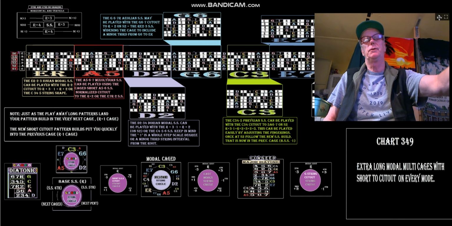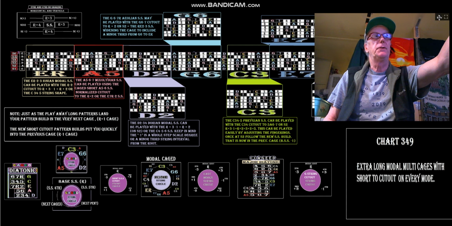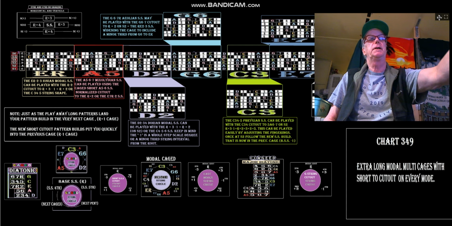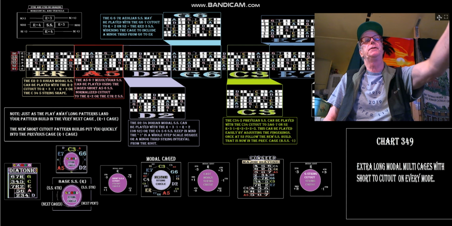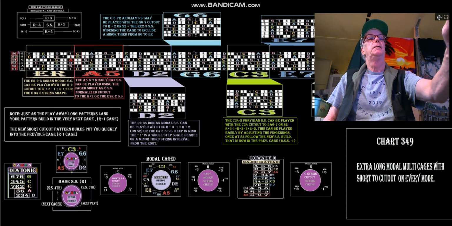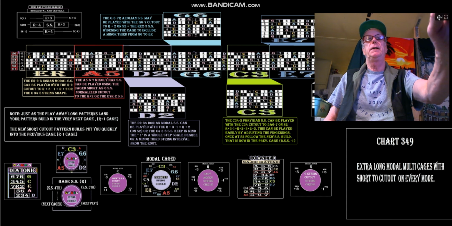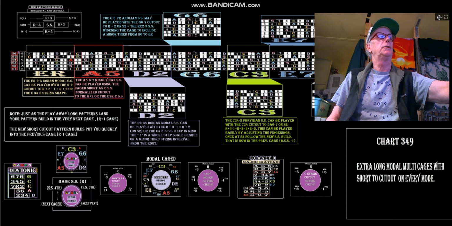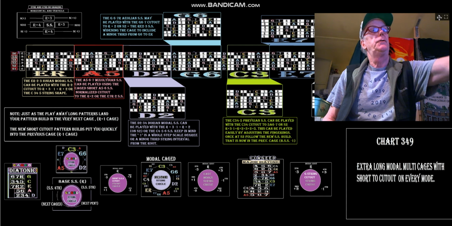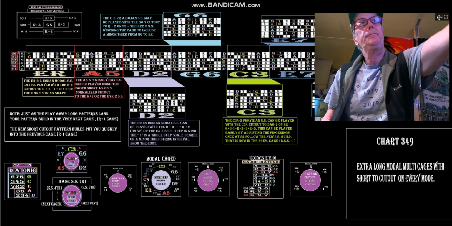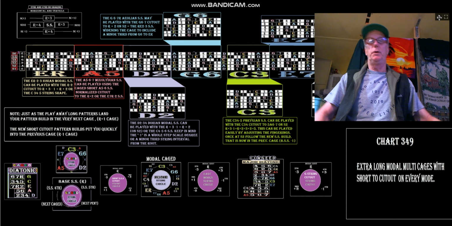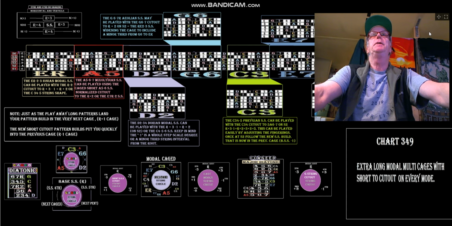Then we have the Dorian cage, the 3 bottom notes of the Dorian cage, the 3 bottom notes of the Phrygian, the Mixolydian, the Aeolian, the Locrian cage. That's what we have in the playaway cages.